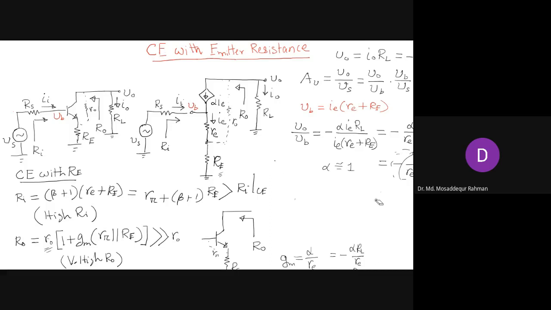Smaller value will decrease or increase? So smaller value will decrease the gain.